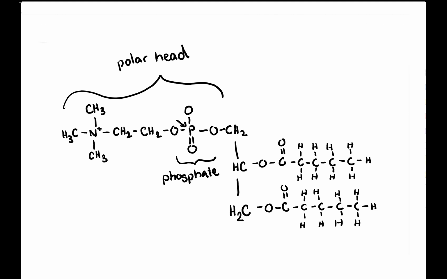You also have your glycerol backbone, and ester bonded to the glycerol, so you have your ester bonds. You have a fatty acid chain, and this fatty acid chain is much longer than the one I've drawn. It's just a bit easier to visualize.